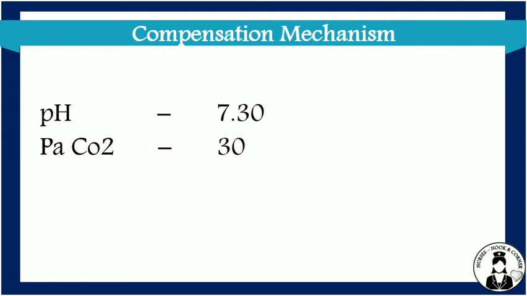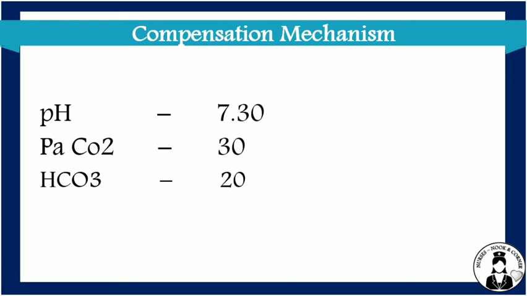pH is 7.30, PaCO2 is 30 and HCO3 is 20. Here you can see that pH is 7.30, that is it is acidosis, and PaCO2 is 30, that is it is decreased. So in acidosis the PaCO2 has to be increased, then only it becomes a respiratory condition, but here it is not a respiratory condition.